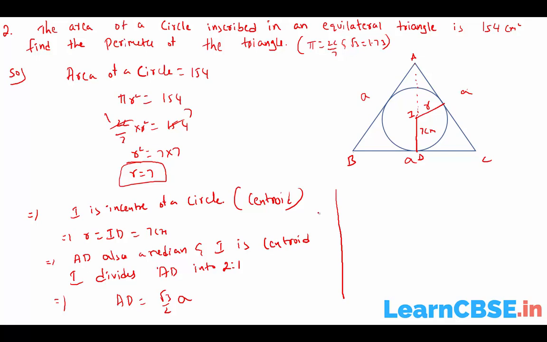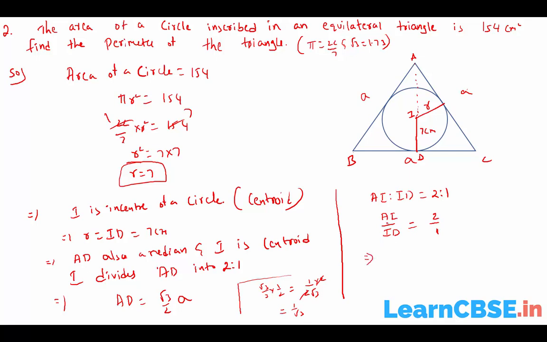Now AD is divided as AI is to ID equals to 2:1, that means AD should be divided into 3 equal parts. So root 3/3 into a half, means 1/2 root 3 a is one part, into 2, so 1/root 3 a is 2 parts.